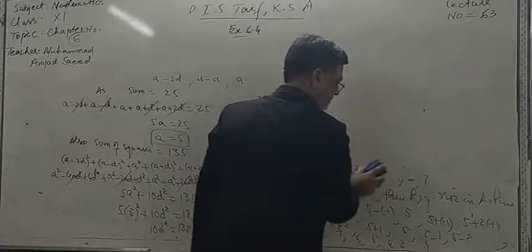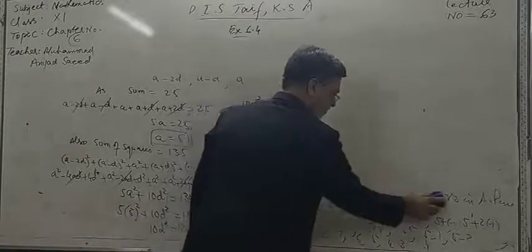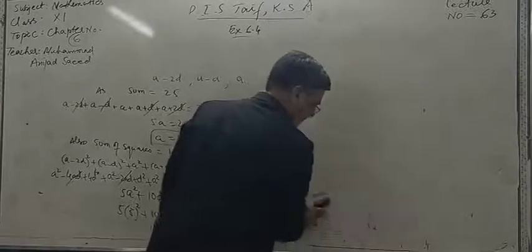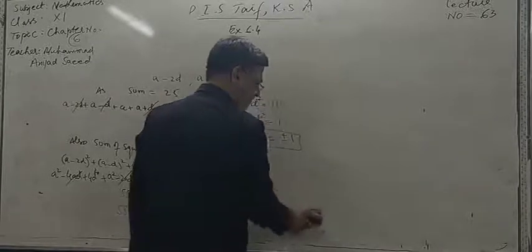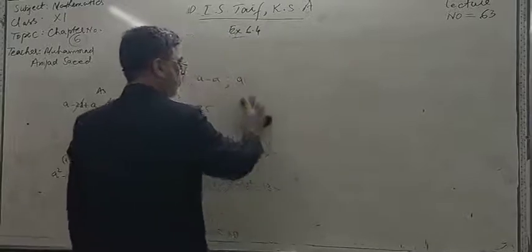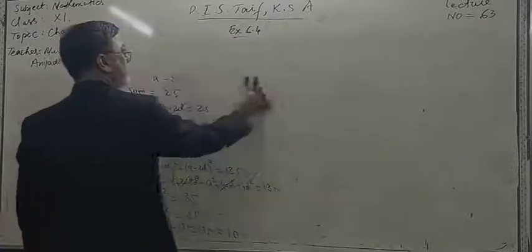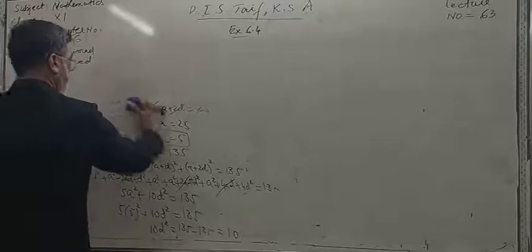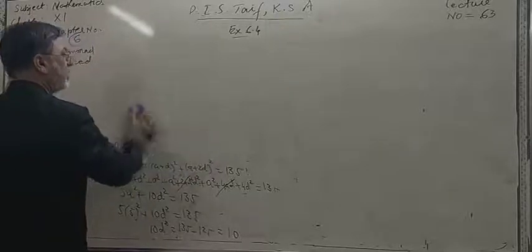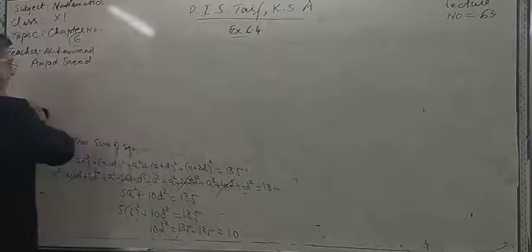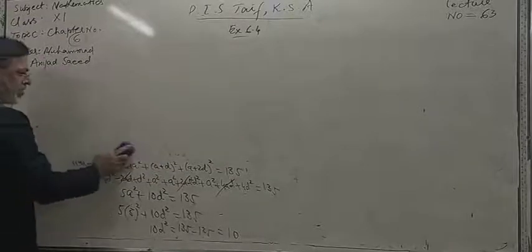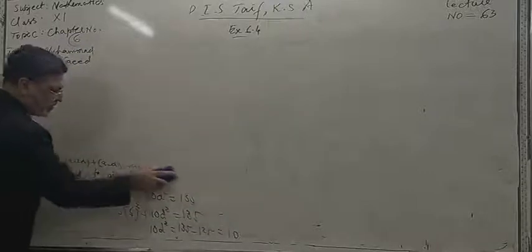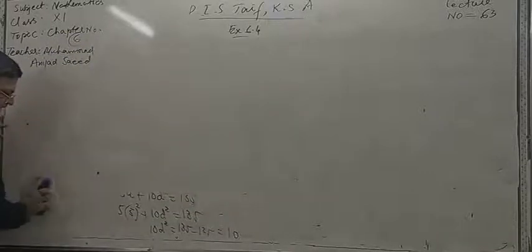We have our question number 17 and 18 in the same exercise 6.4. After that, we have exercise 6.5. And dear students, exercise 6.5 is the exercise of word problems in AP.